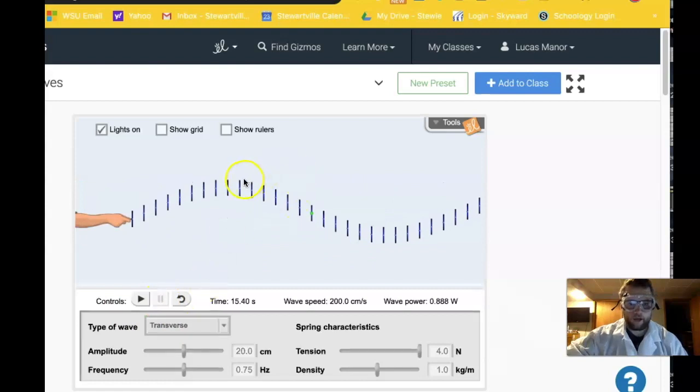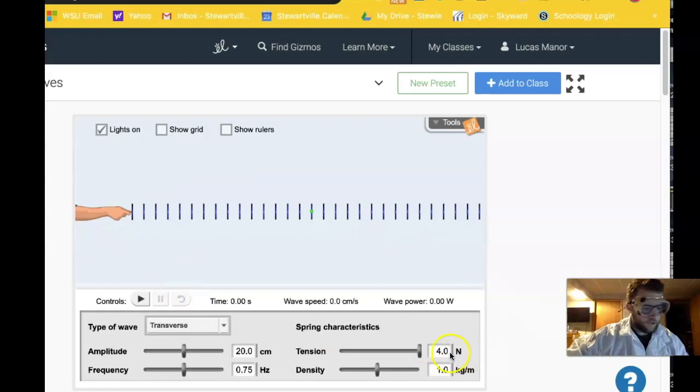Okay, and as you can see, we can't even find a second crest on our screen here. So our wavelength is going to increase as well. So when we increase the tension, both the wavelength and the speed increase. Let's reset, get our tension back to 3 newtons.